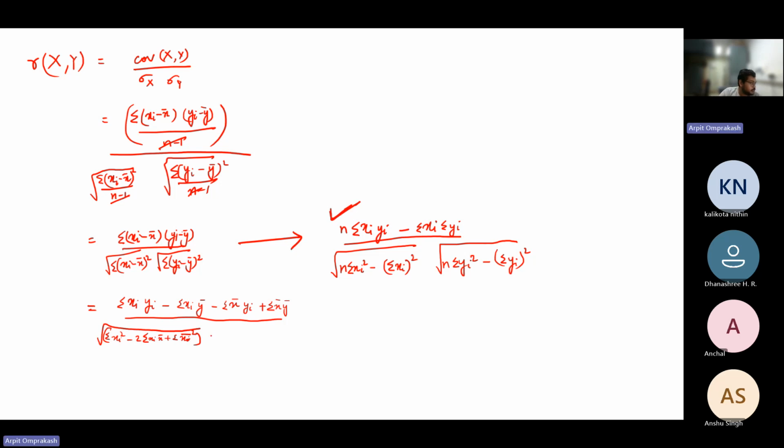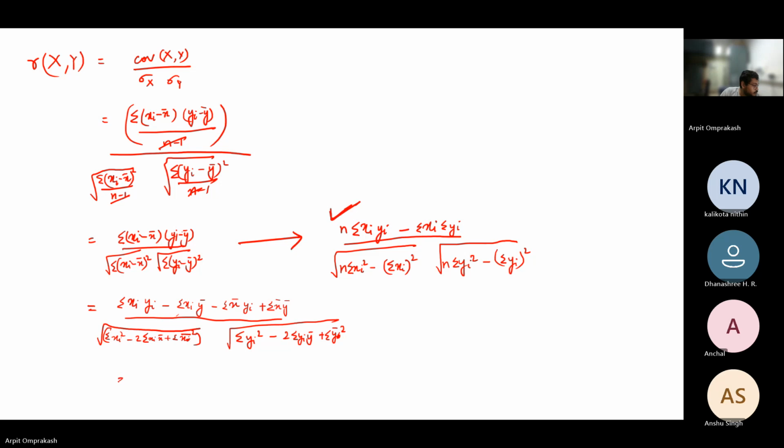And then similarly for Y, we have here basically this summation xi into y bar, we can take y bar outside.